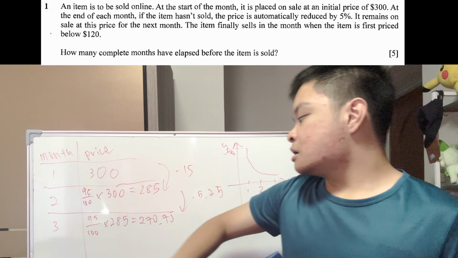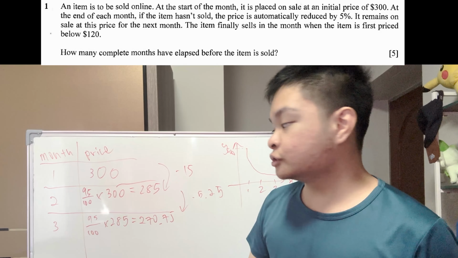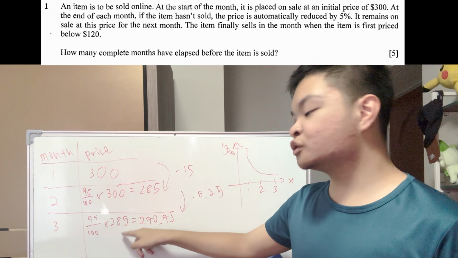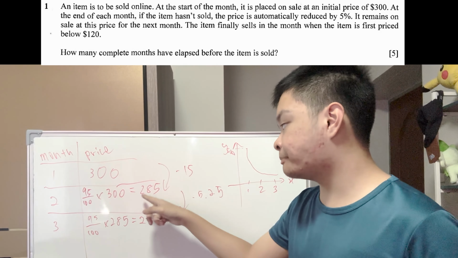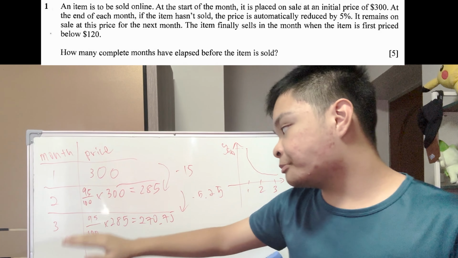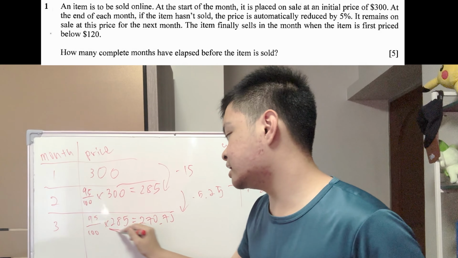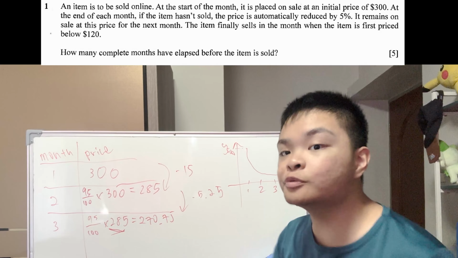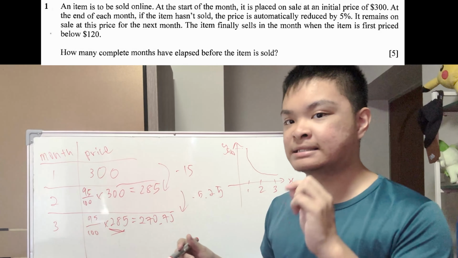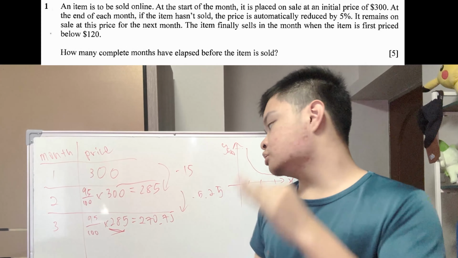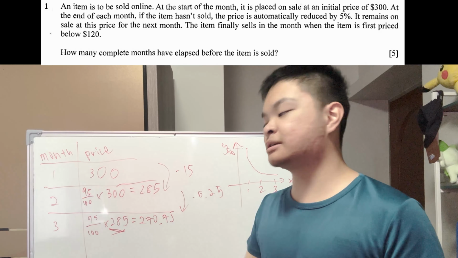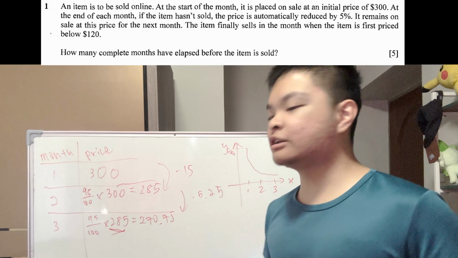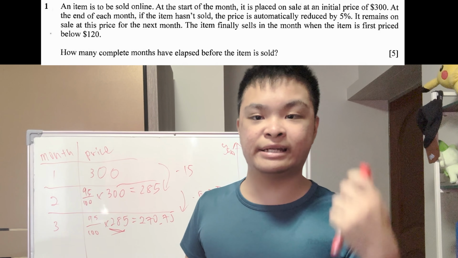Applying that to this, 95% of 300 is a lot. 95% of 285 is not that much anymore compared to this. So as you go down, the price is going to be getting smaller and smaller and smaller. Because of that, the new price is going to be closer to the original price, because less of it is going to be deducted. So we can tell that the price does not go down in a linear fashion.